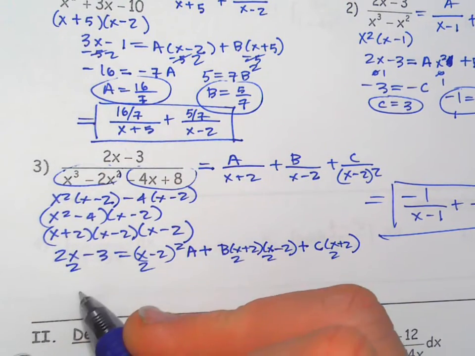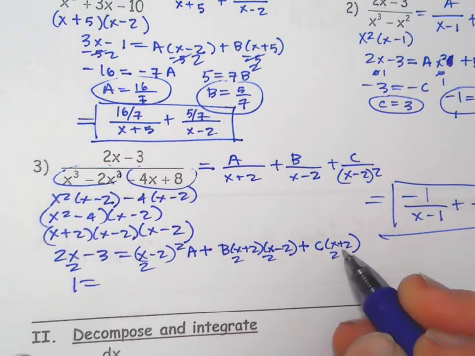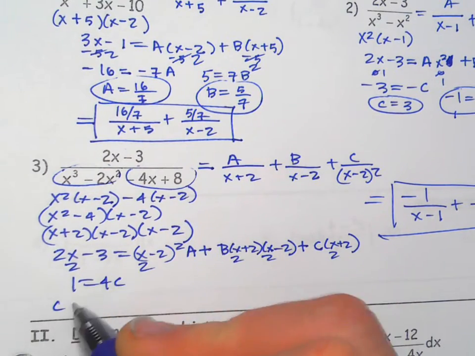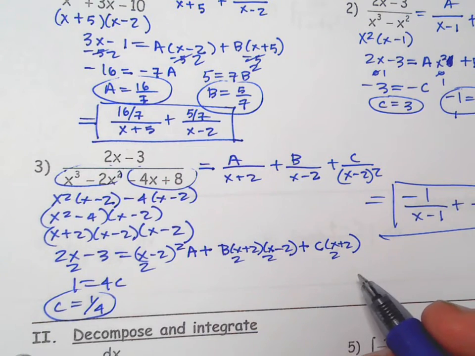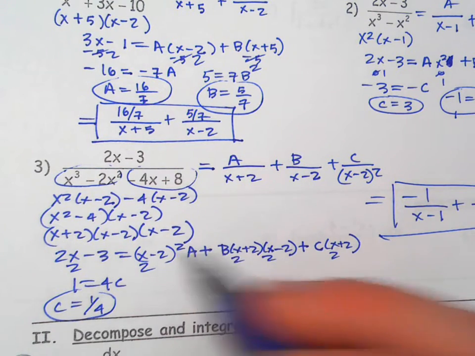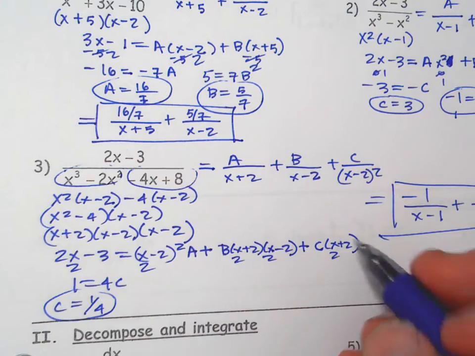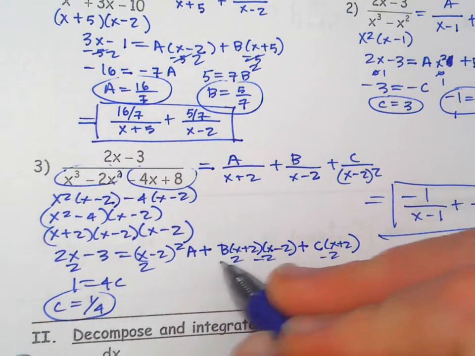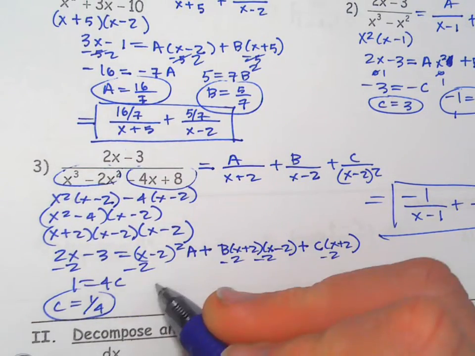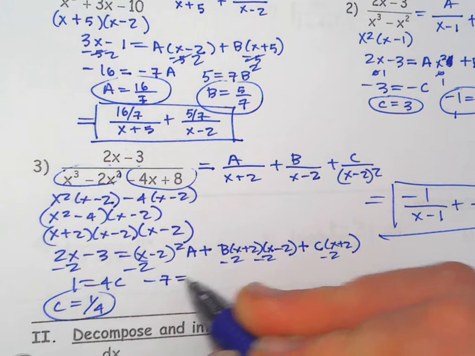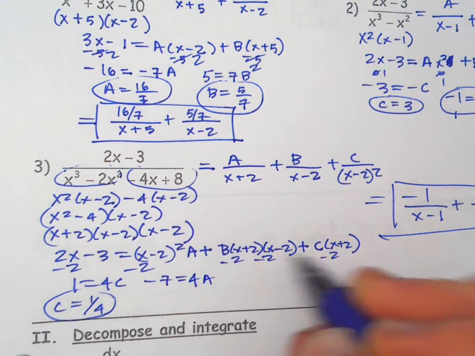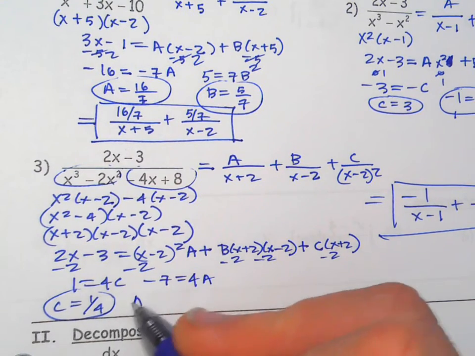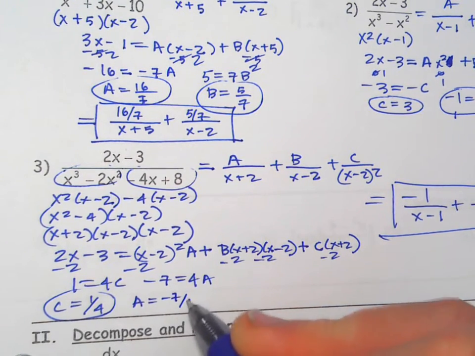We get 1 equals 4C, so C equals 1/4. Or we could plug in negative 2 everywhere, and that would be negative 7 equals, negative 4 squared is 4A. Those both drop out, and so A equals negative 7/4.